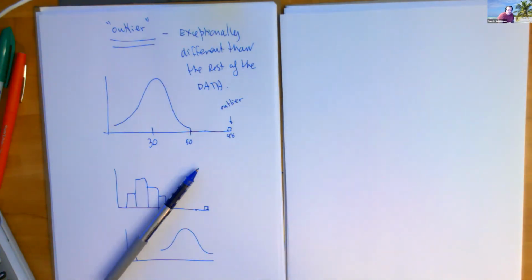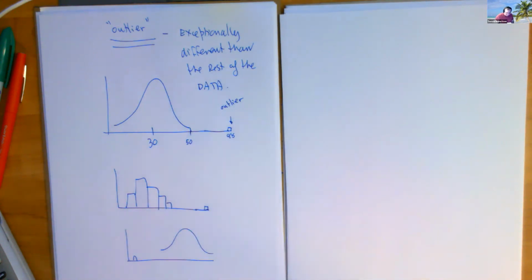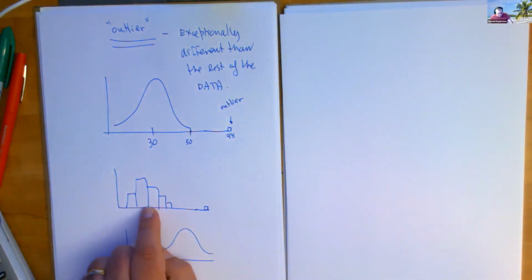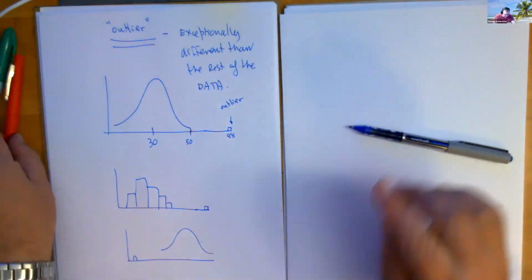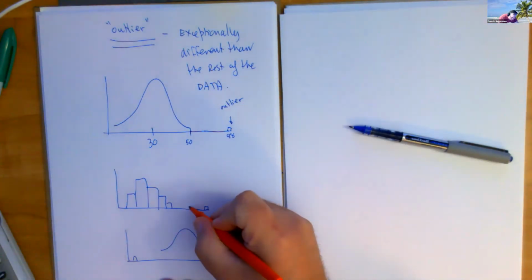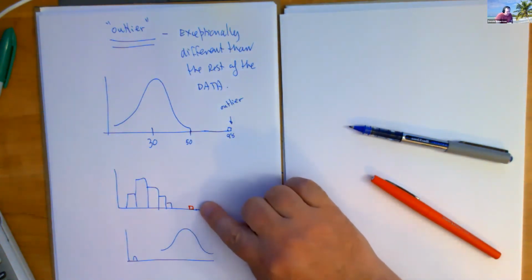There is a problem with this outlier idea. I think if I went and said to the class, does this guy over here look like an outlier? You'd all nod your head and say, yeah, he's an outlier. Let's move him to here. So that one's not there. Is he an outlier?